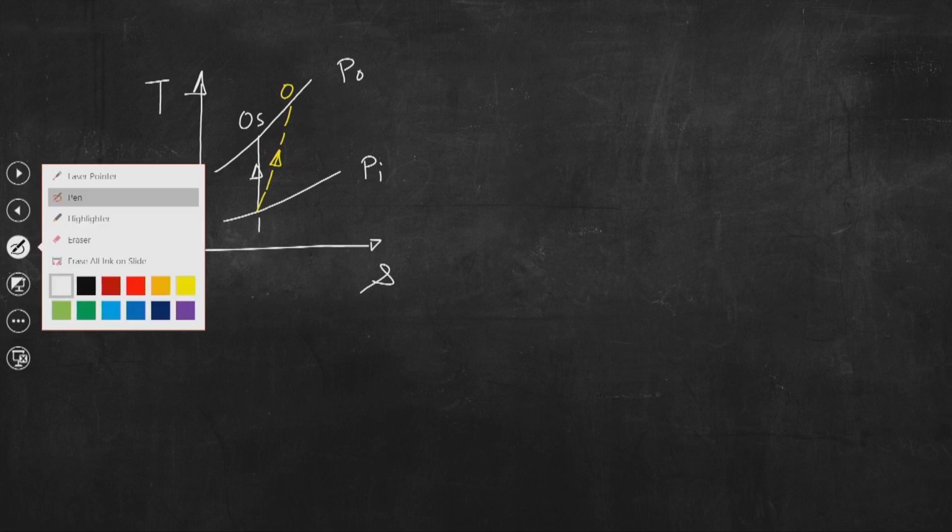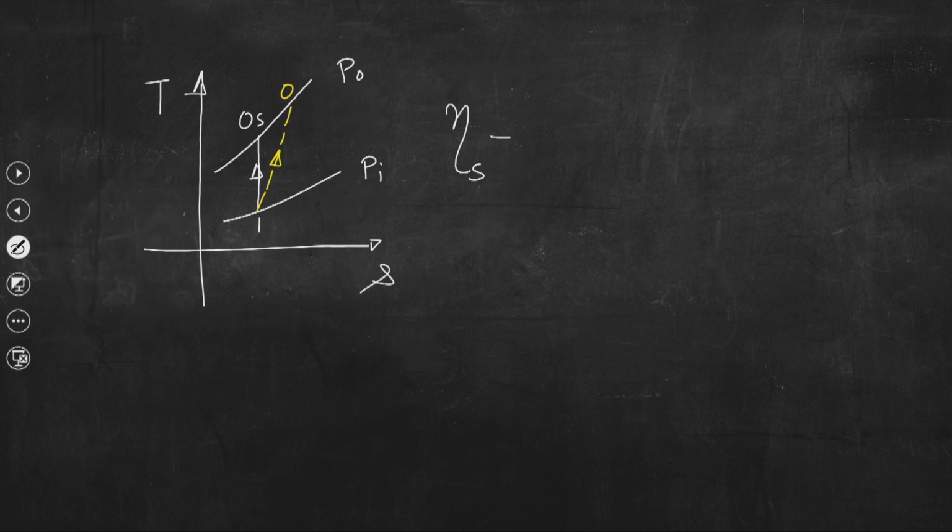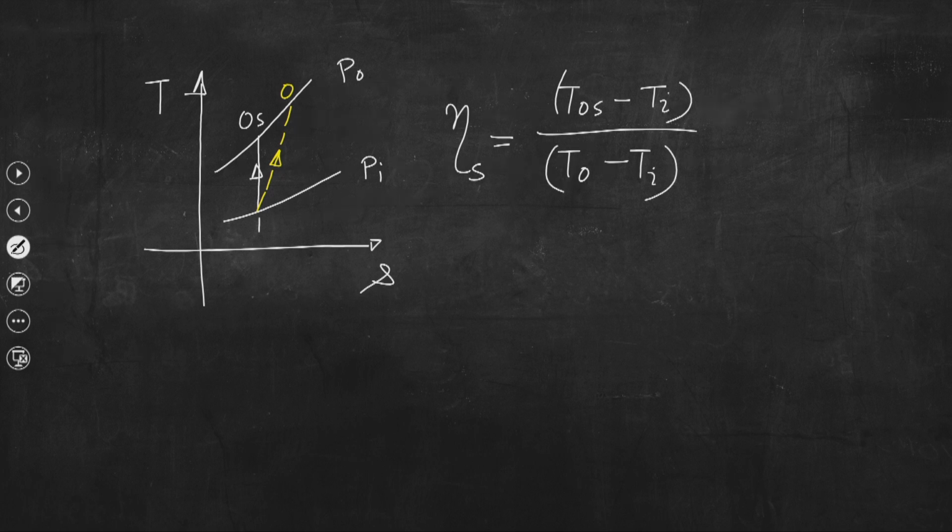So, this is the actual compression process, while this is the isentropic compression process, right. So, from there we can define the isentropic efficiency of the compressor, that is nothing but the rise in temperature following the isentropic process divided by the rise in temperature following the actual process, right.